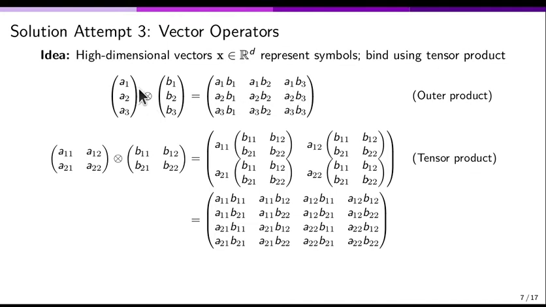So if this one was representing blue and this one was representing square, I could do the outer product between the two. And that would give me, well, it's not a vector anymore, fine, it's a matrix, that would represent blue square.